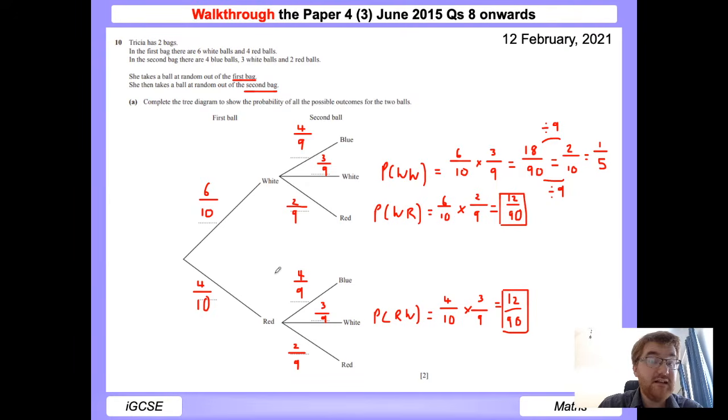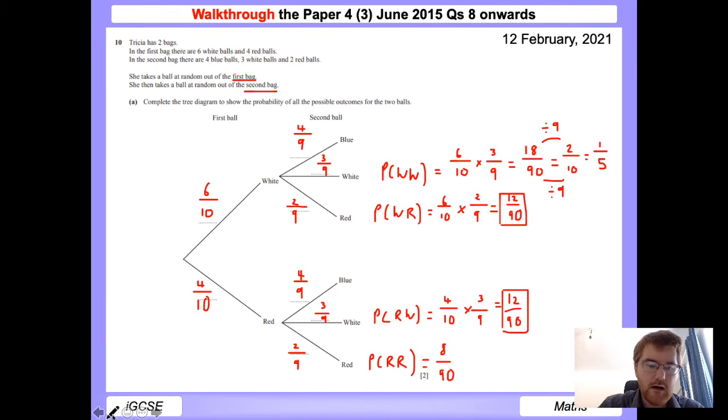In fact, it's even easier than that because we only have blue in the second ball, not the first ball. So all we need to do then is work out the probability of red red, which if we times these two fractions together, we get 8 out of 90. And that's the only way we can get two of the same colour, probability of white white or red red.